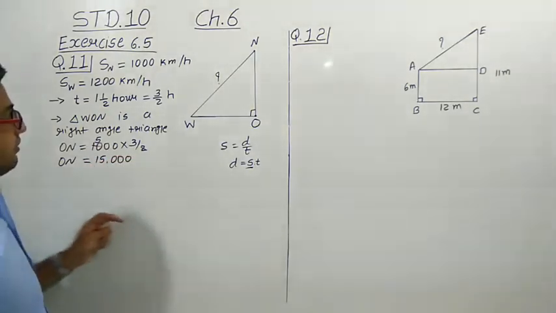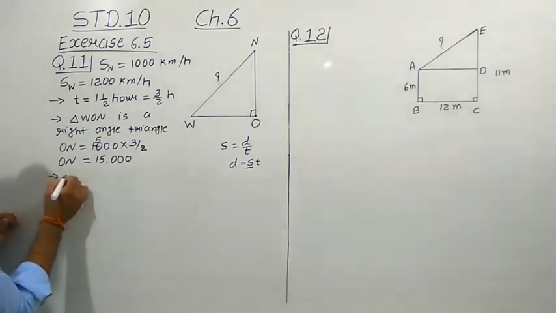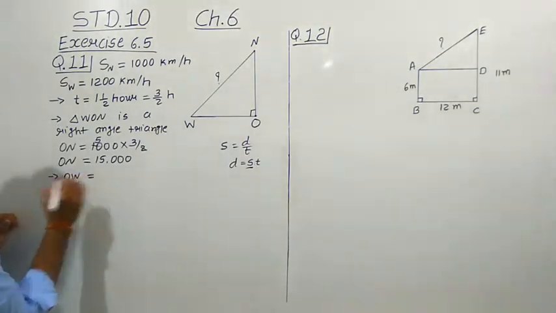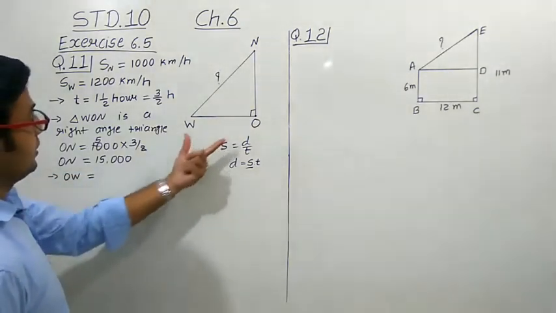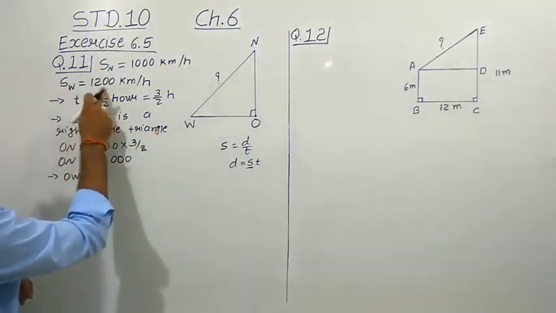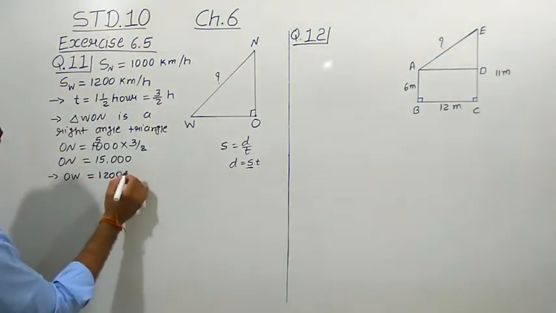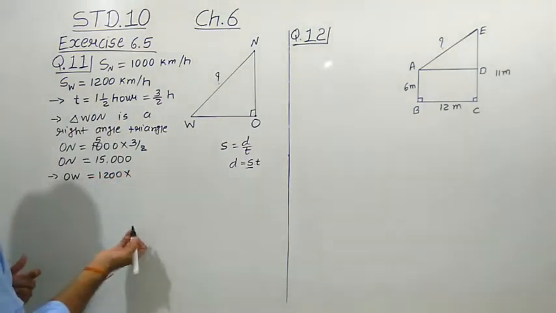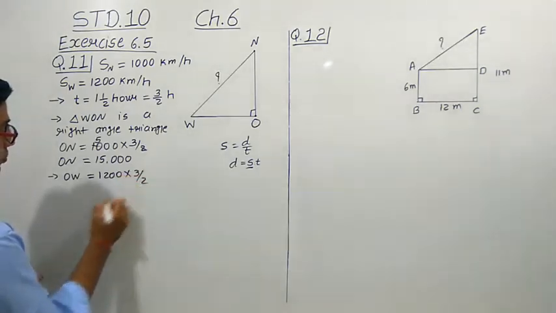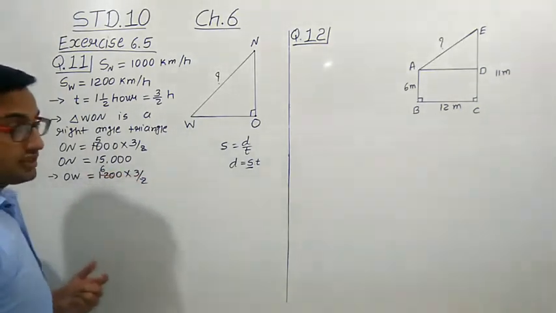In the same way, now we can find the distance OW. OW is equal to the speed of the plane going towards the west direction, and the speed is 1200 kilometer per hour, and the time is the same, 3/2. Let us cut it. 2 sixes are 12, 600 is there, 6 threes are 18.